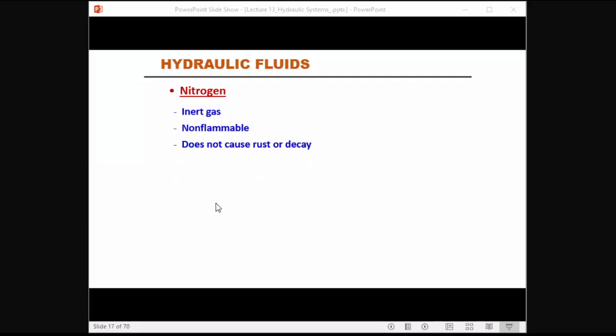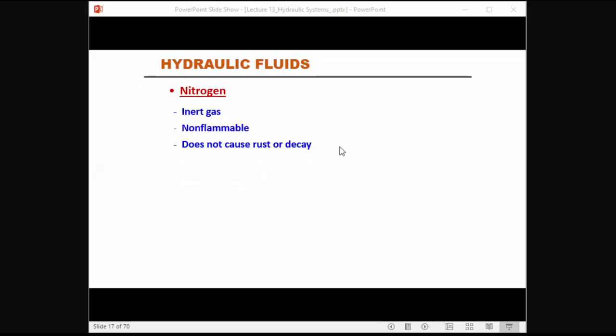The other thing is comparing nitrogen with compressed air. Compressed air is widely used due to its ease of compression and is generally suitable for many systems.